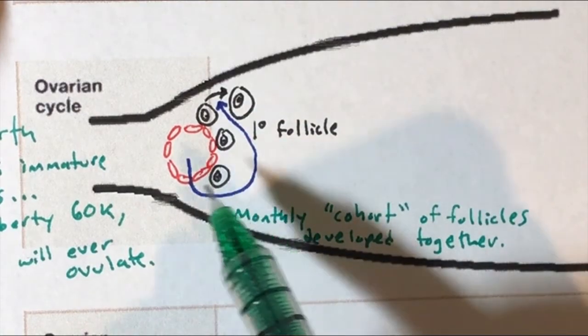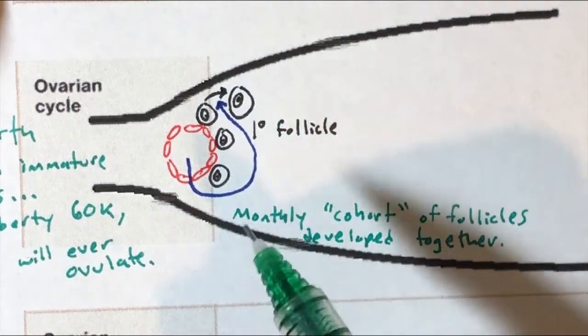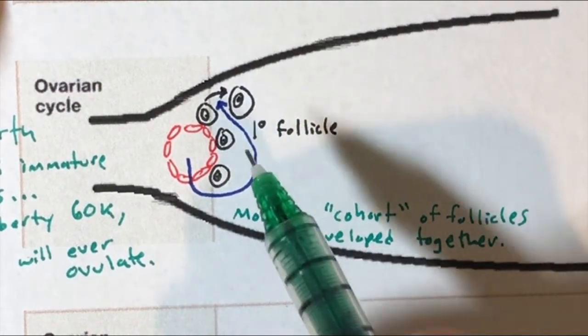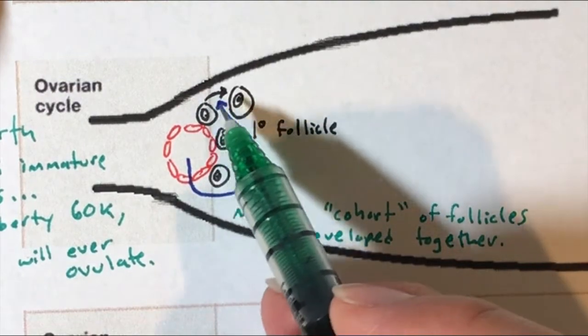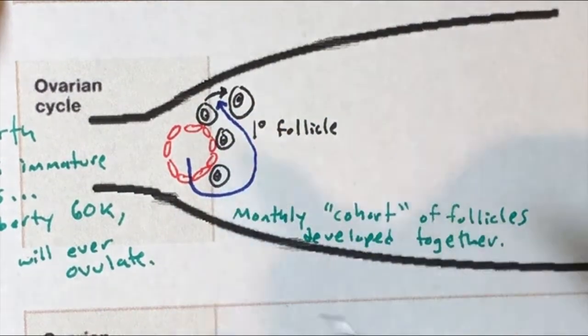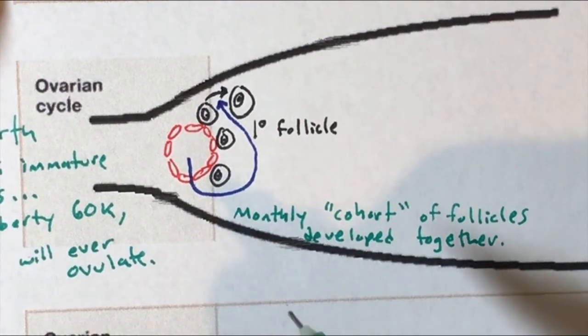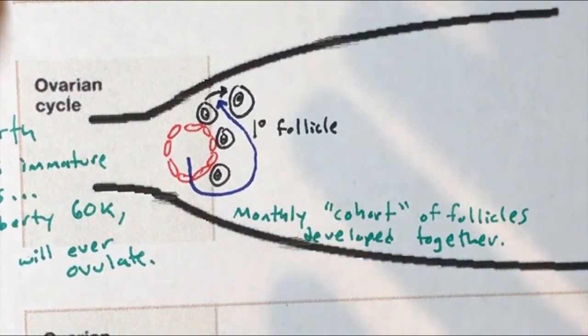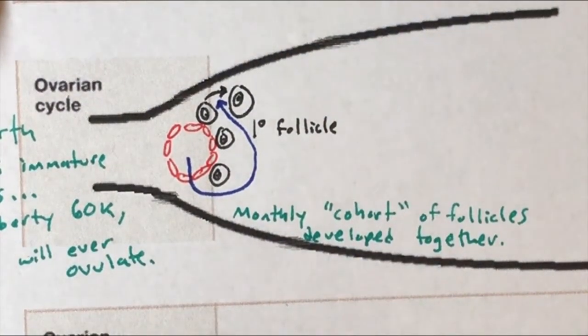And that kind of makes sense, right? Because if FSH is the hormone that stimulates the development of the immature egg, then it makes sense that the one with the highest number of FSH receptors is going to be more likely to be developed more quickly. So all the immature eggs that don't have as many FSH receptors, they will end up dying off.